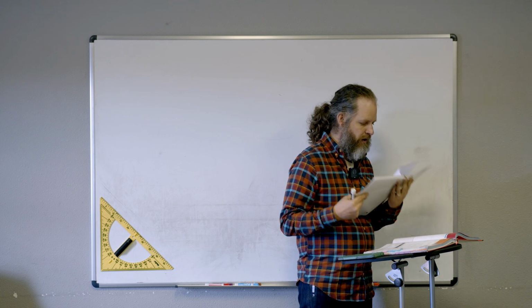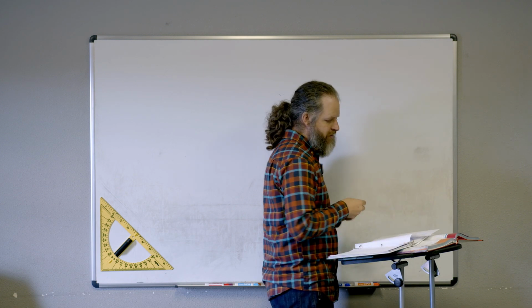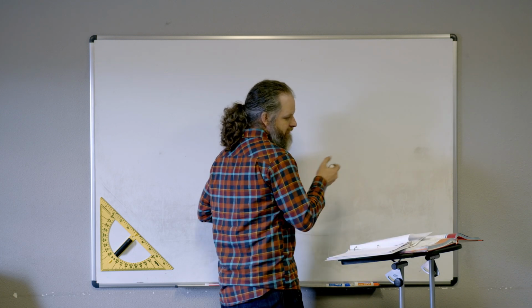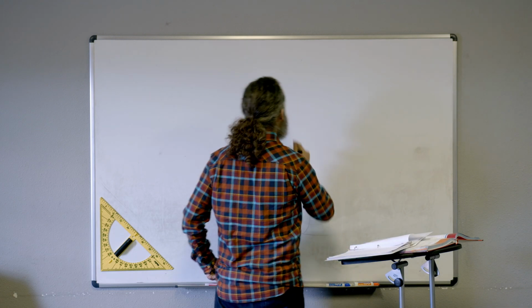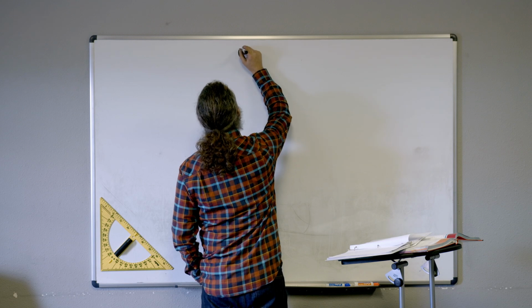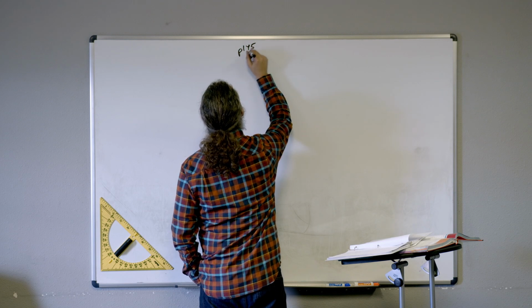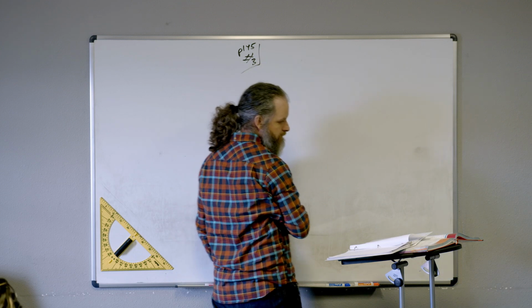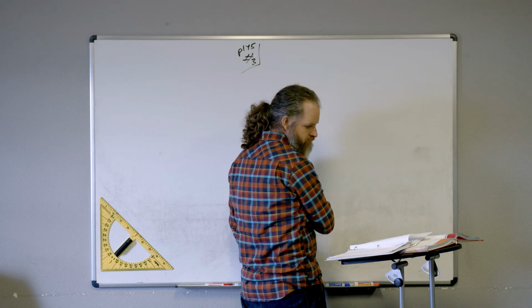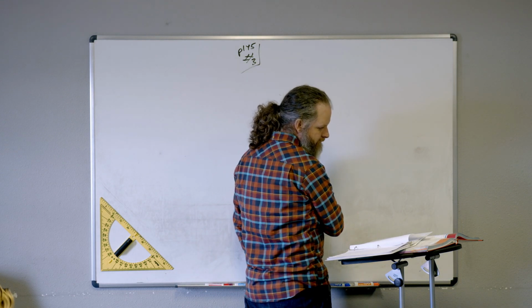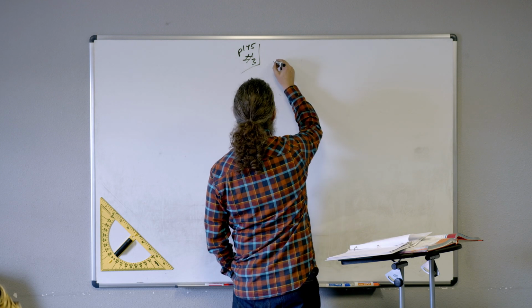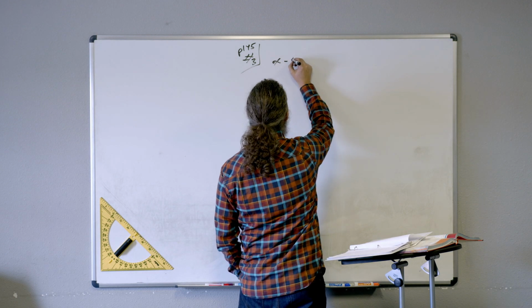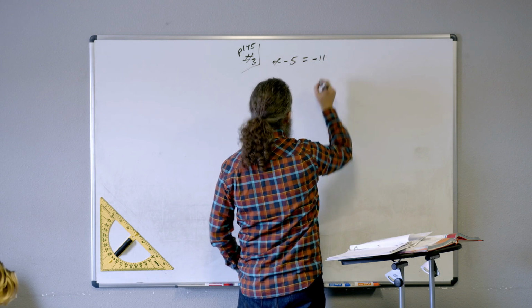All right, so there will be one-step equations like page 145, numbers 3 through 5. Like number 3, x minus 5 equals negative 11.